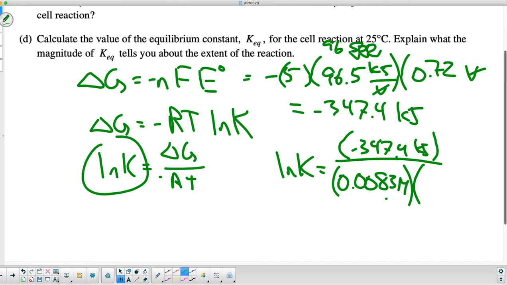That's why I changed the 8.314 to 0.008314, and then 298 Kelvin for the temperature.